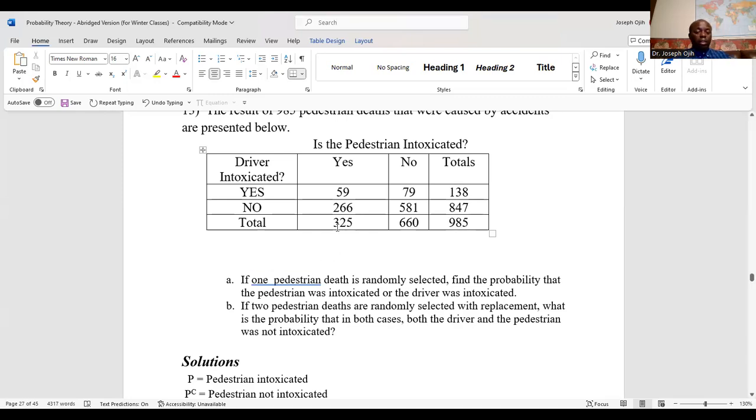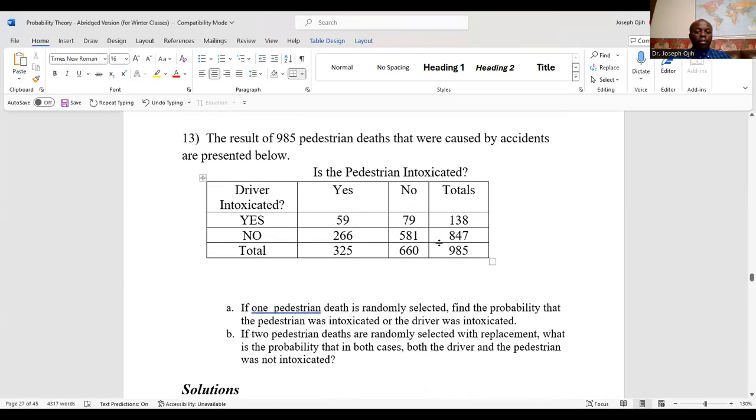If you do 325 plus 660, you also get 985. So once you finish the adding, the next thing is you are ready to solve your equation.